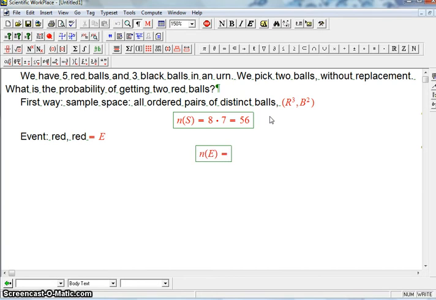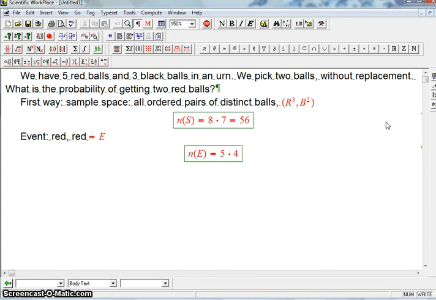Let's figure out how many things are in that event. Well, in E, that is the same number of ways I can pick as if the black balls weren't even there. That's a pretty common thing, to get just a red ball both times. How many ways can I pick and happen to get 2 red balls, a red ball for each pick? Well, there are 5 red balls to get on the first one, and then 4 for the second one.